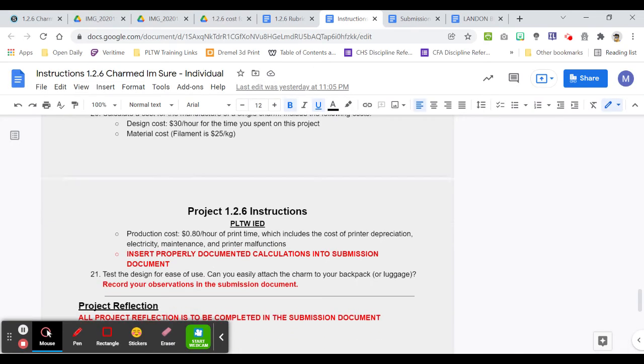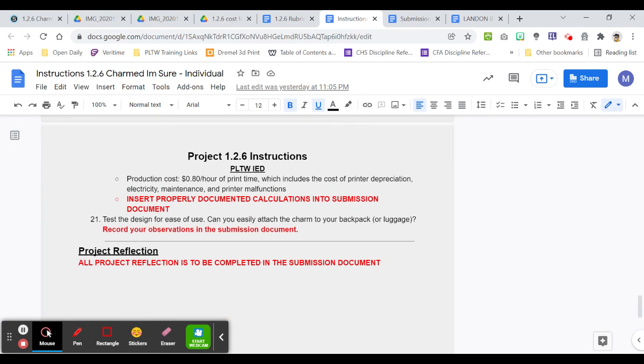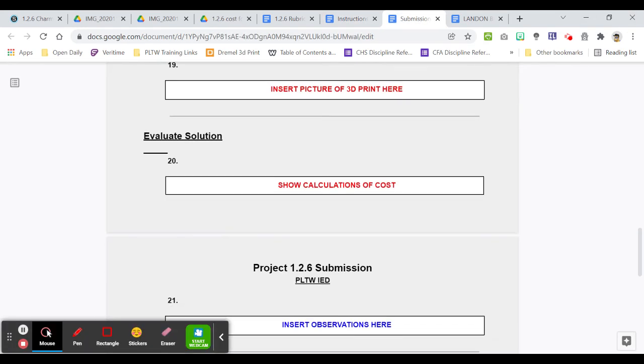The next step for evaluating the solution is 21, testing your design for ease of use. You'll do this after you get your print back, and once you've done that, you need to check and test. Does it meet your criteria? Can you easily attach the charm? Would it be easy to use? And then record your observations in the submission document. And that's going to go, once again, in number 21.